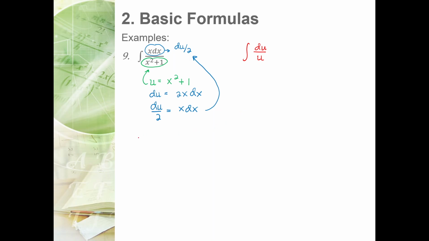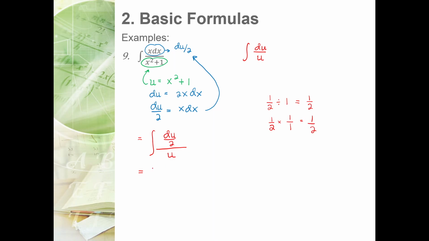Okay, so if we replace everything in terms of u, that's du all over 2, divided by u. So take 1/2 outside the equation. Right? 1/2 divided by 1 is still 1/2, right? Even if it is reciprocal, it is still 1.